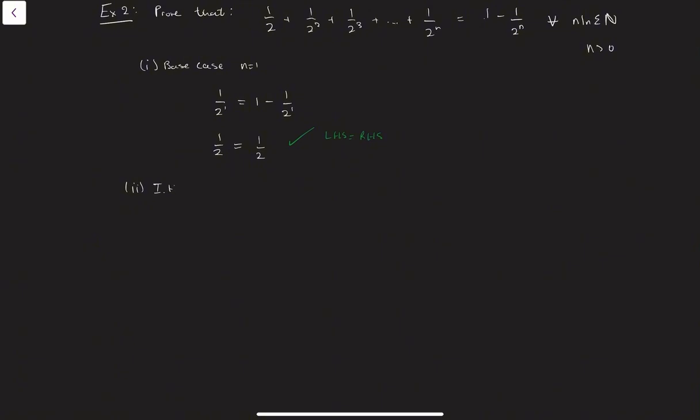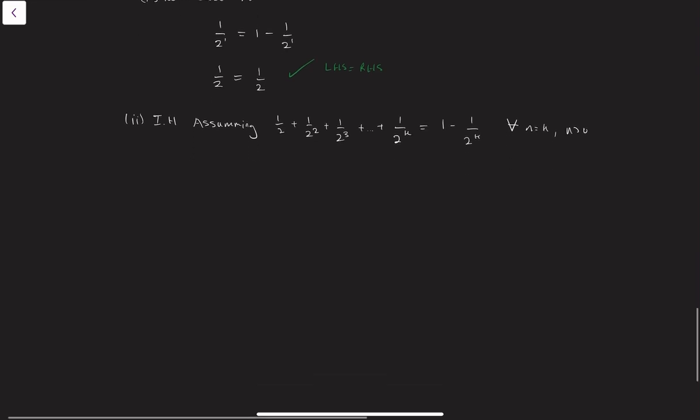The next step is the induction hypothesis, meaning we are assuming 1/2 plus 1 over 2 squared plus 1 over 2 cubed plus dot dot dot plus 1 over 2 to the k is equal to 1 minus 1 over 2 to the k, for n equal to k and n greater than 0.